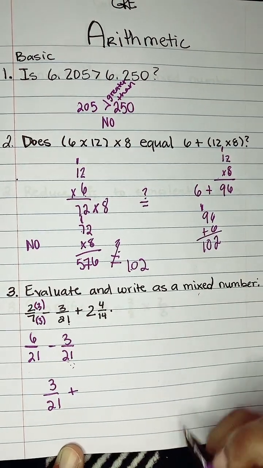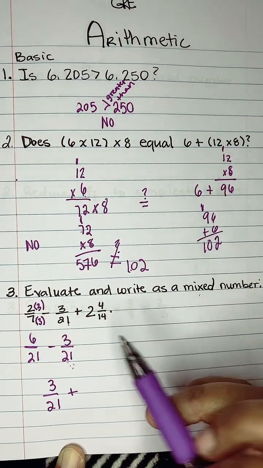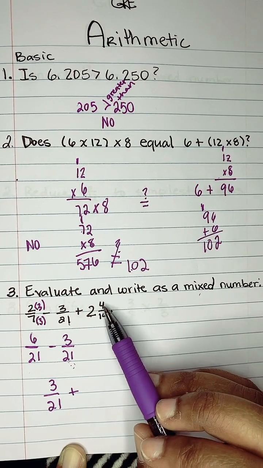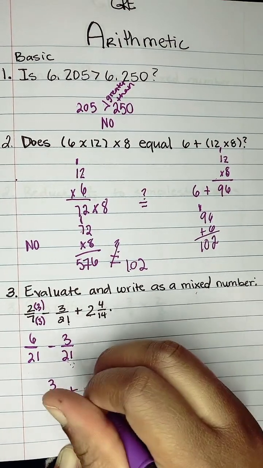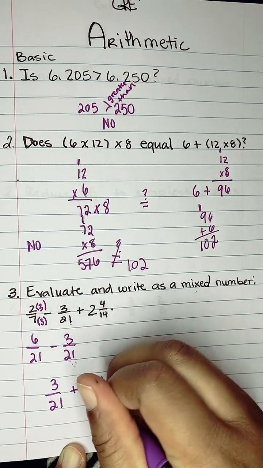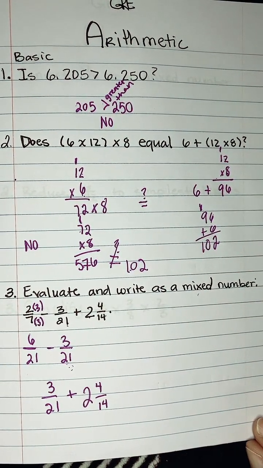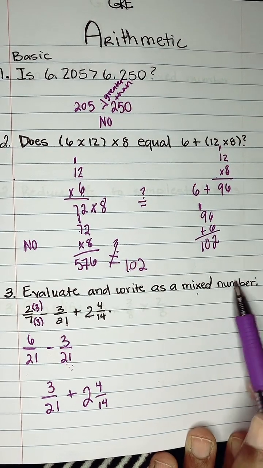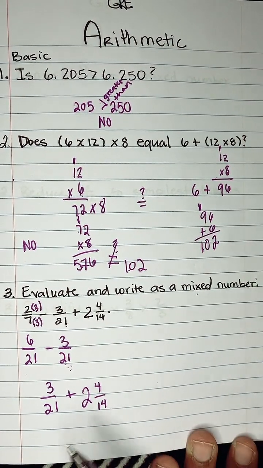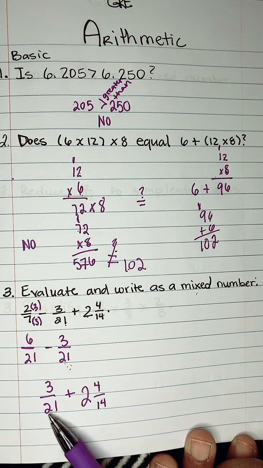And now we can add that to 2 and 4/14. All right, now, since it wants us to write it as a mixed number, right? We need to have the same common denominator here.